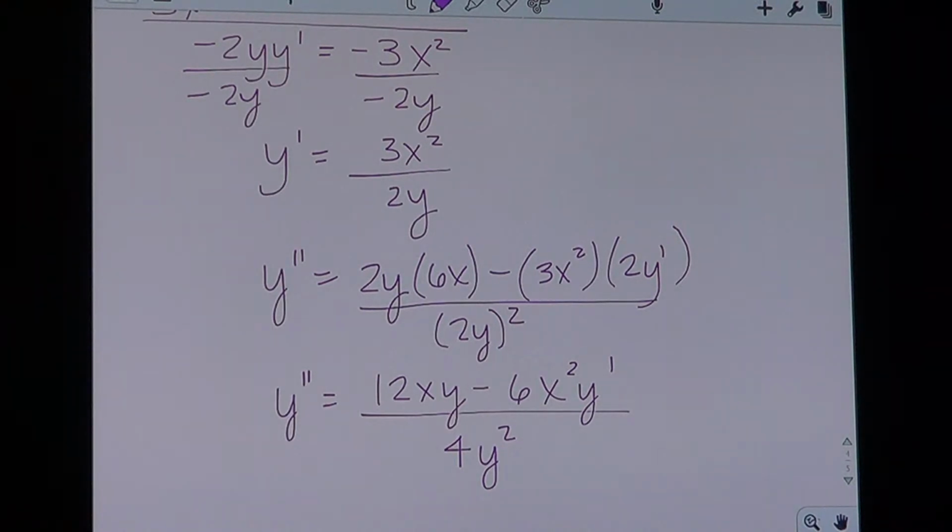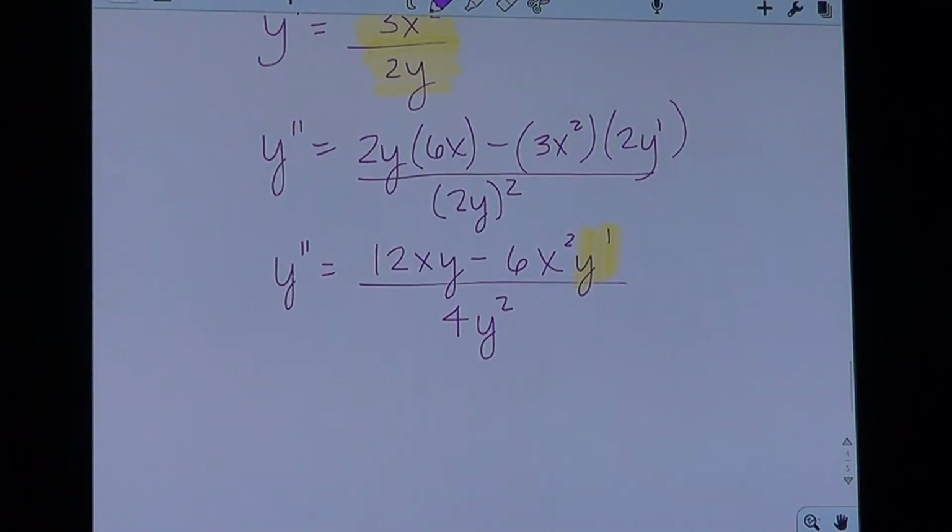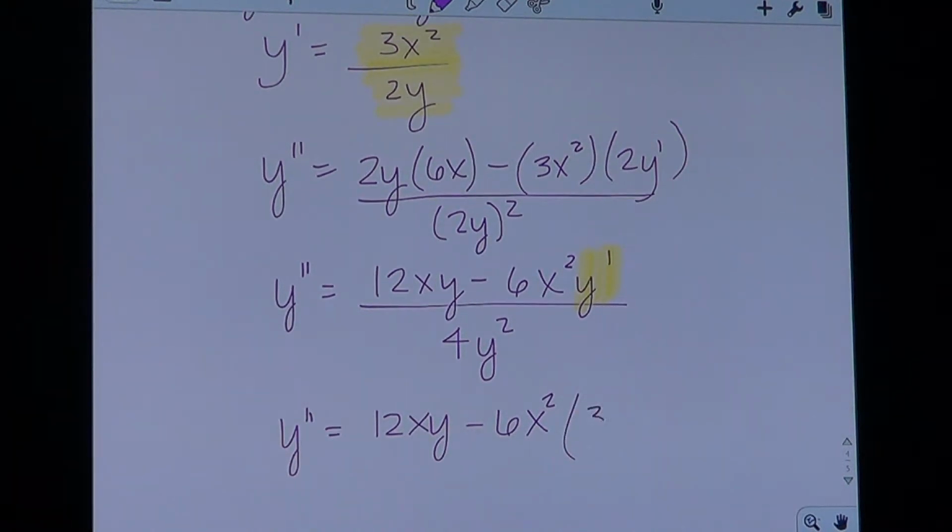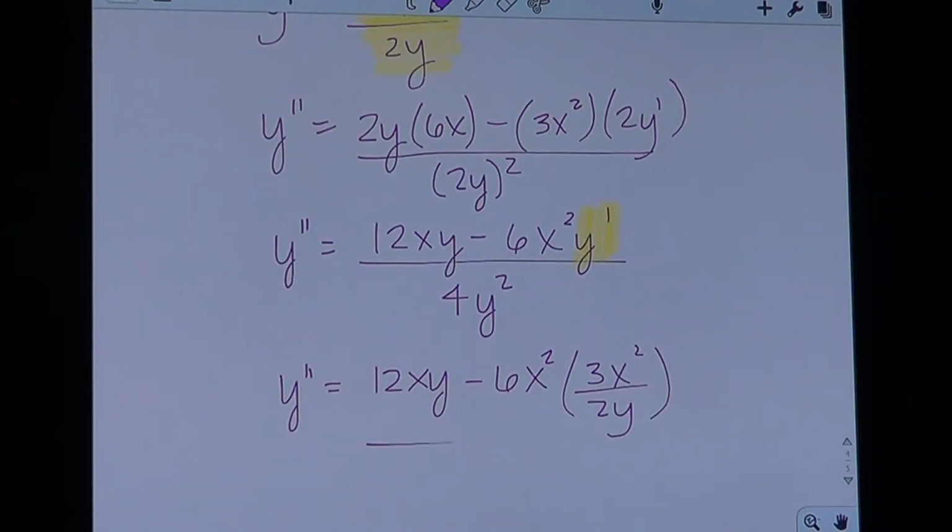Right? And so then that's where we have to take this and plug it in for this. So we have 12xy minus 6x squared times 3x squared over 2y, divided by 4y squared.